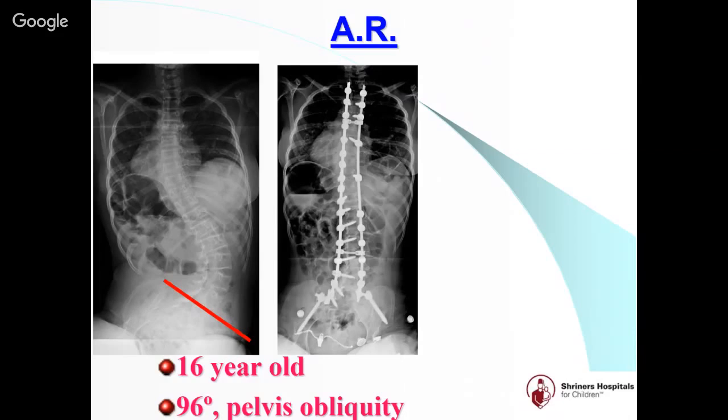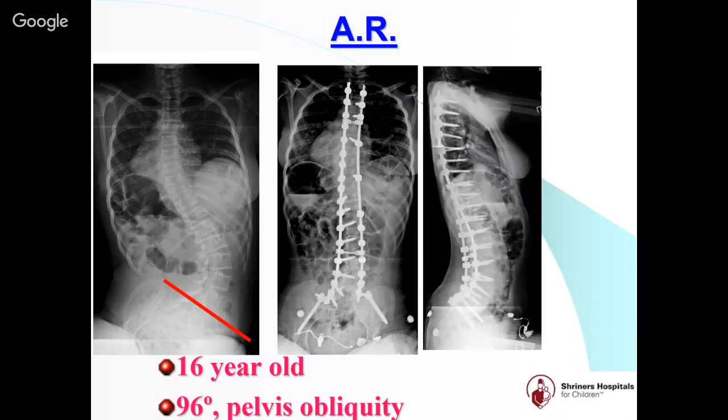So the goal of this surgery is not only to get her balanced, but also to get her pelvis flat to the ground. So in this case, not only did we fuse her back, but we also went all the way down to the pelvis so we could grab the pelvis and bring that down to a flattened position, so that she can sit more comfortably. She's not a walker, she's only a sitter. So we want to make sure that she can sit comfortably and not put too much pressure on one side of her tush.